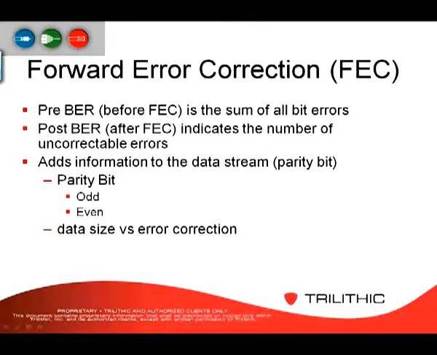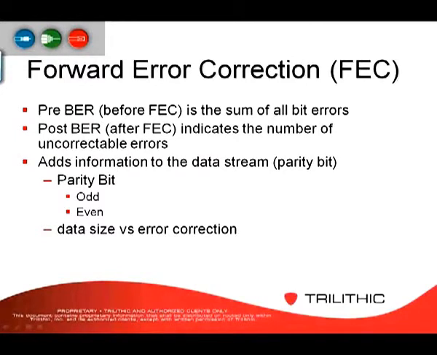Pre-BER, or before the forward error correction, is the sum of all bit errors, and post is after the corrections are made. The way this works is that in the data stream, there's something added called parity bits.